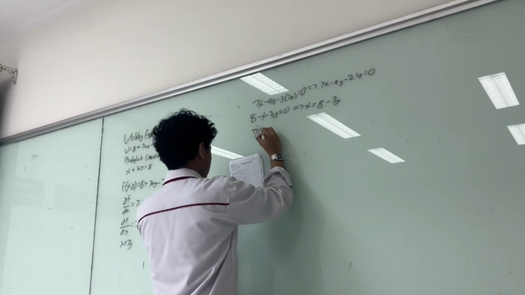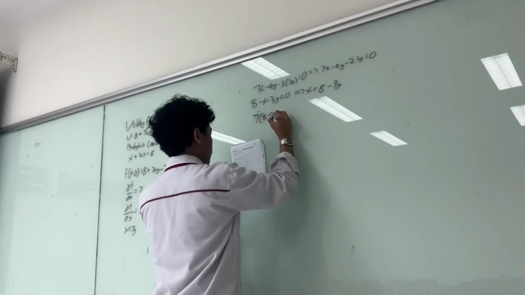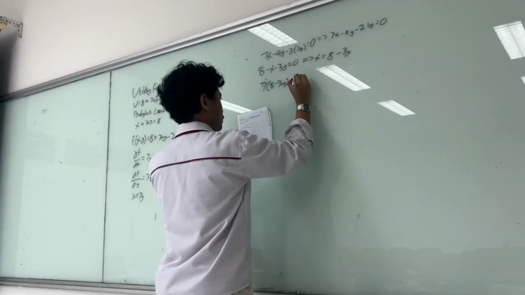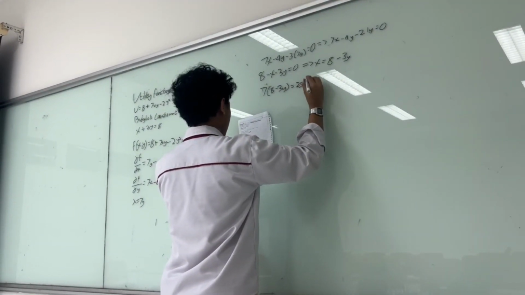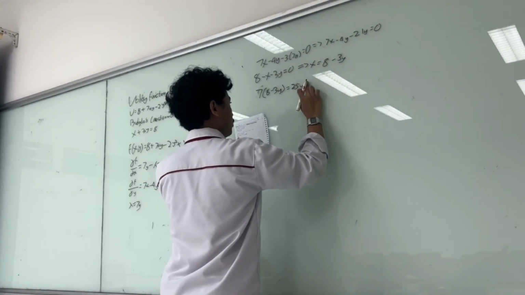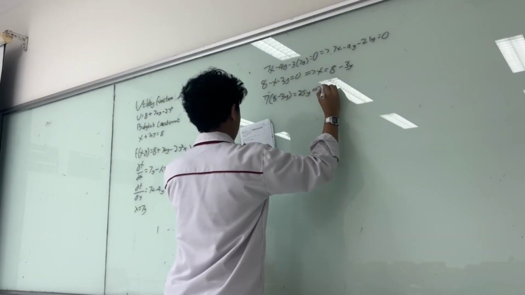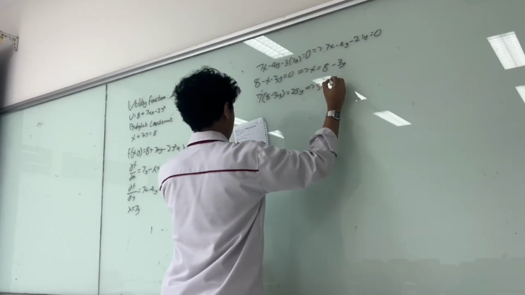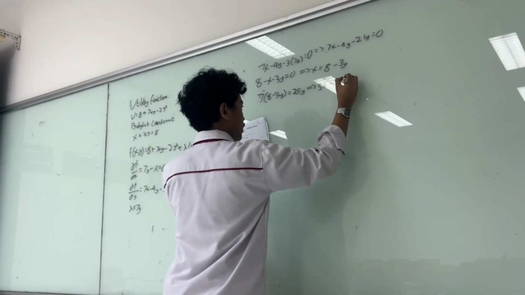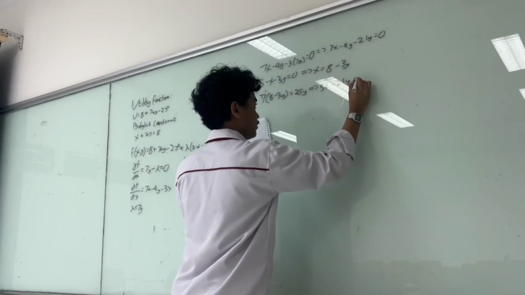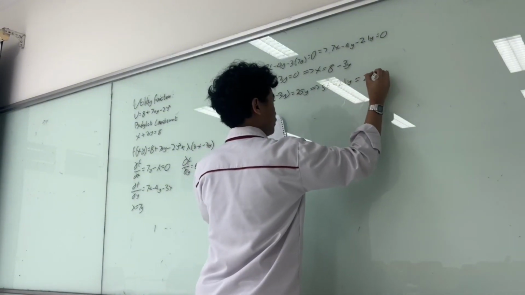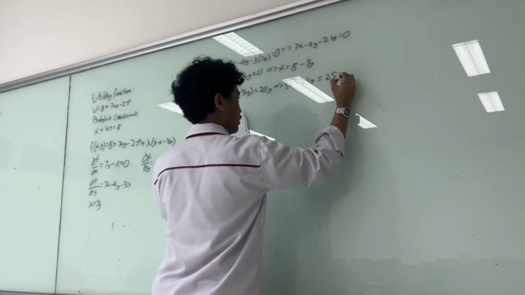7 bracket 8 minus 3y equals 25y. Oh no, the result is 56 minus 21y equals 25y.